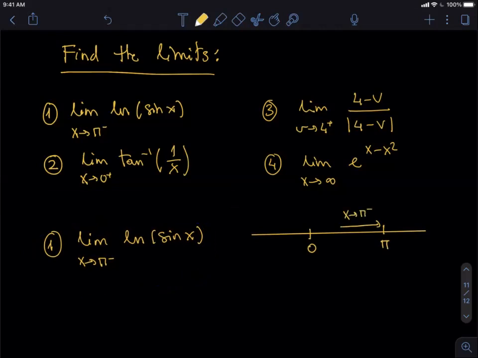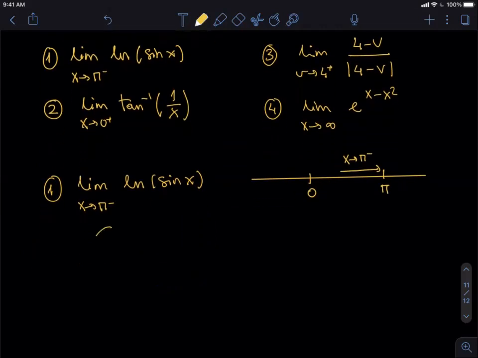That means that we are going from 0 to pi. So when that happens, if we look at the trigonometric circle, we are moving like this. This would be pi. And what are we saying?